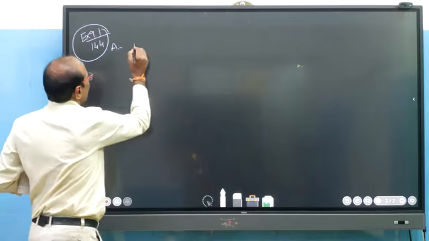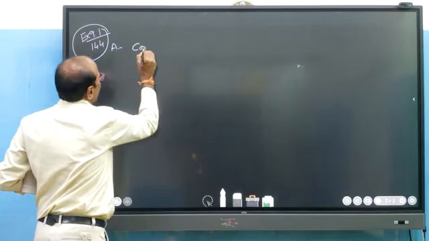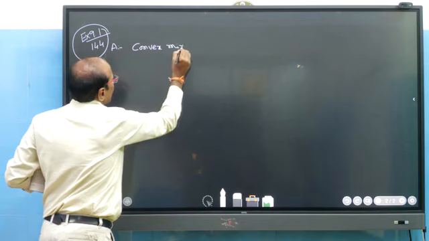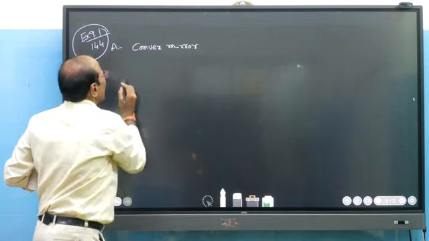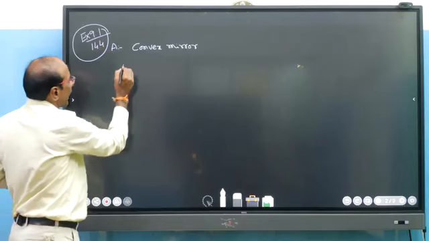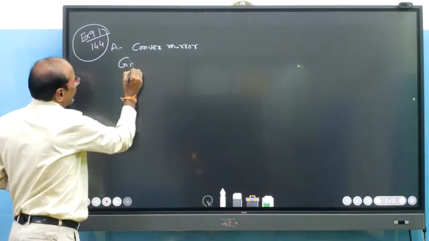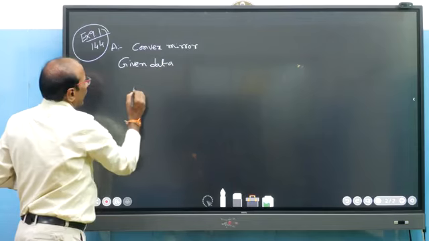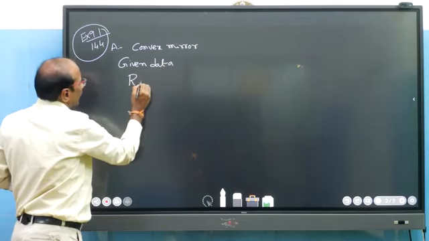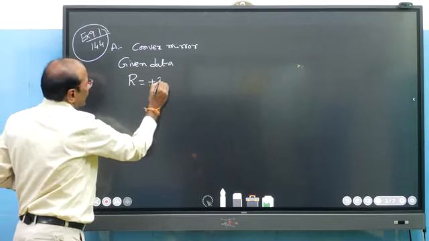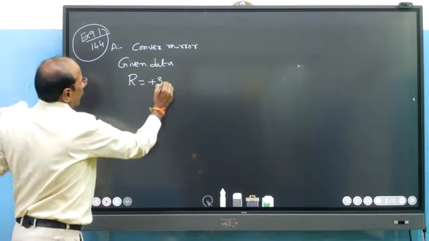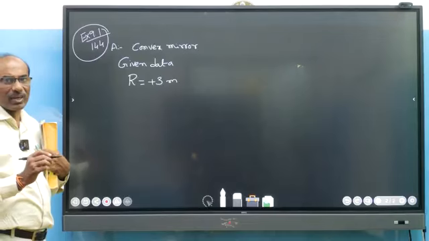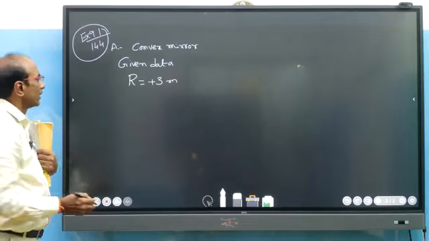For that convex mirror, the given data is: radius of curvature is plus 3 meter. For a convex mirror, the radius of curvature is positive.